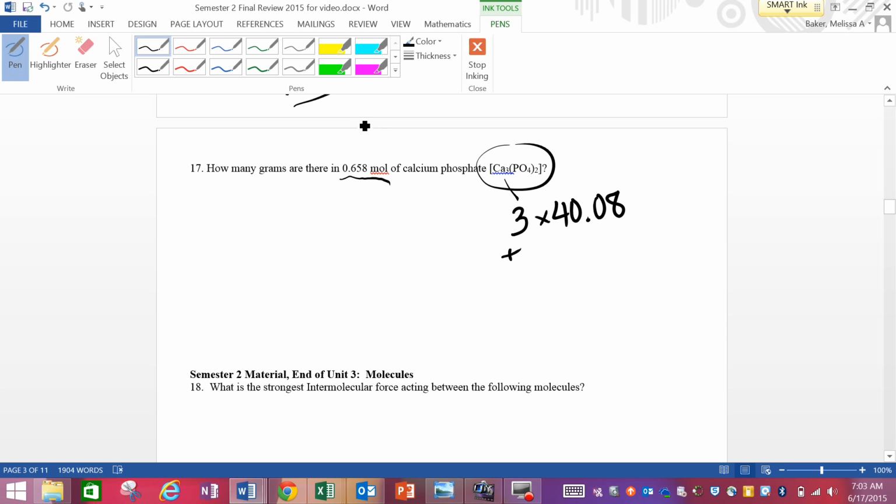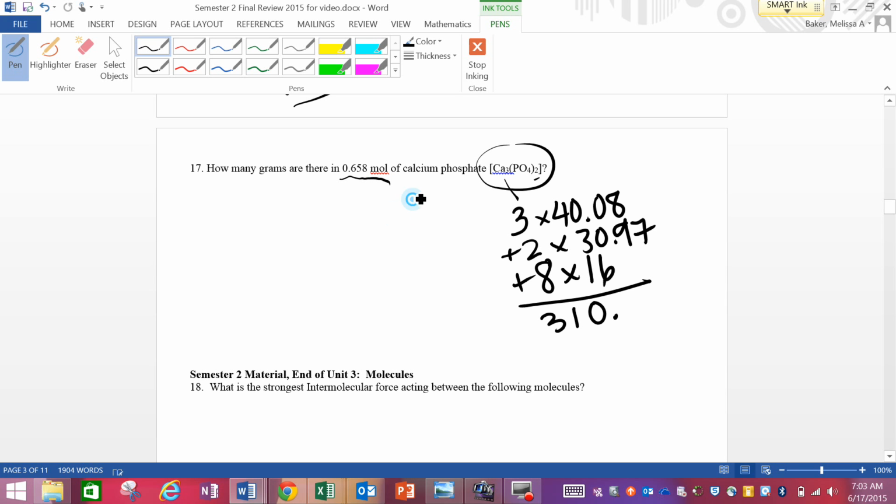Plus, we've got 2 phosphoruses, because there's 2 PO4s. So 2 times 30.97 plus 2 sets of 4 oxygens, that makes 8 oxygens, 8 times 16. So if we had 1 mole of this stuff, it would weigh 310.18 grams.